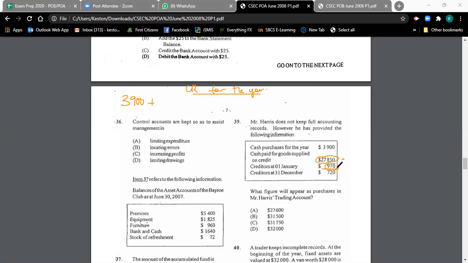It doesn't represent credit purchases for this year, right? So when I subtract those two, I get 27,850 minus 970, right? That leaves me with 26,880 spent on credit purchases for the year. But after I pay this cash to creditors, I still have a creditor balance at the end of the year of 720. Right? That's purchases too. So if I add all of these up, that's how I'm getting my 31,500.